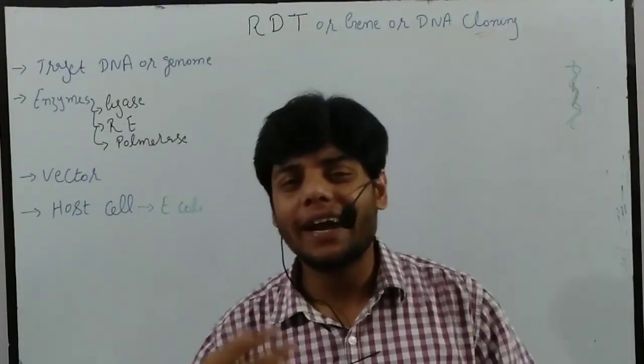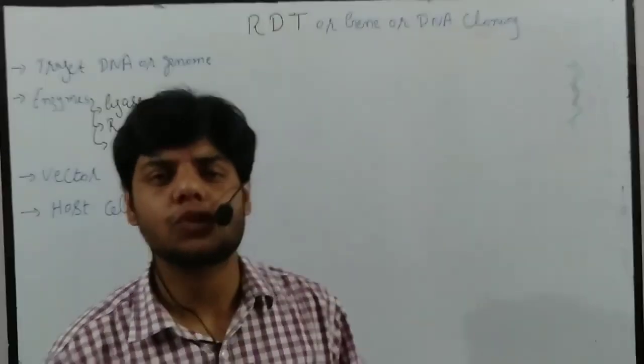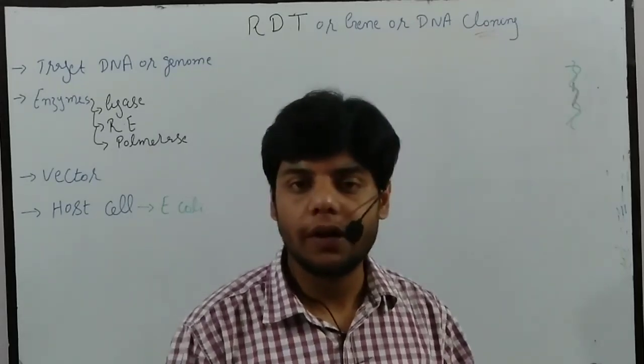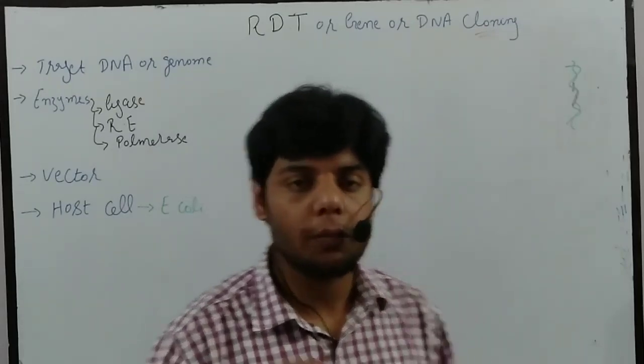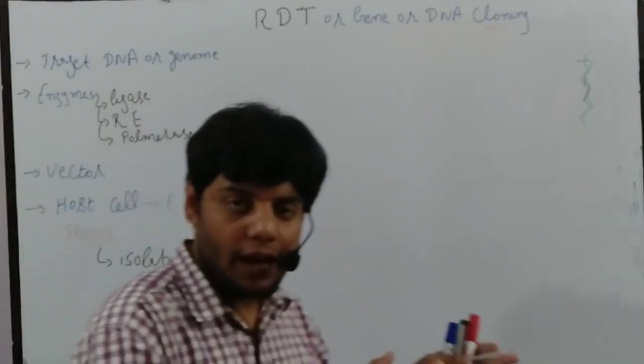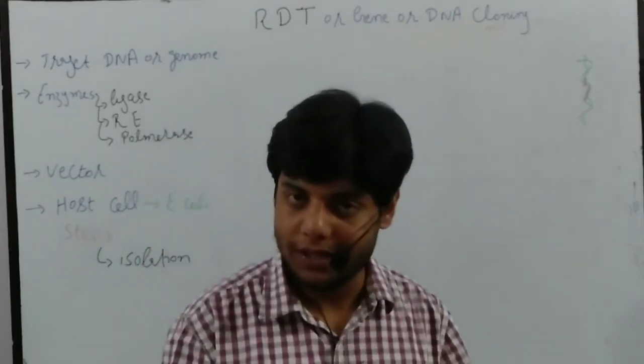Now, what kind of steps are involved in recombinant DNA technology? There are different steps involved, but the main steps through which the process is performed are, let me write, isolation of the target DNA, isolation of the target genes. What kind of genes we need, we should isolate these kinds of genes.